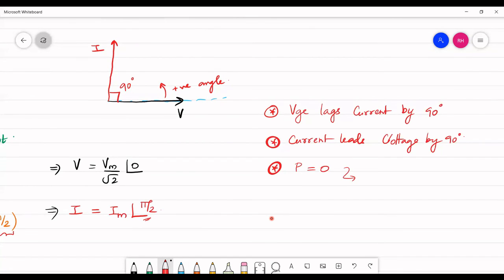Average power of a capacitive circuit is 0. That is, all the energy that is fed to a capacitive circuit is stored as energy.